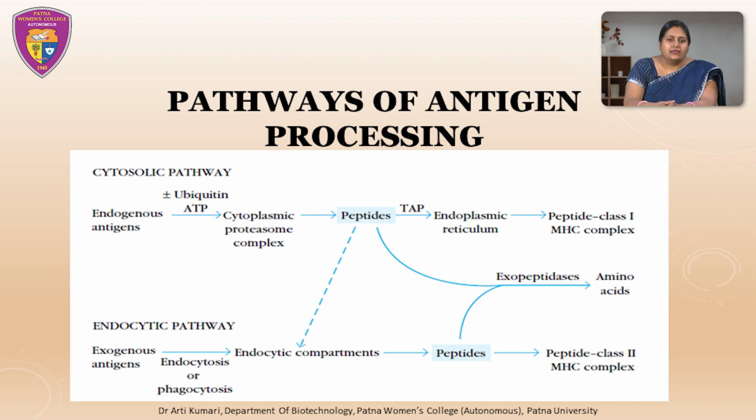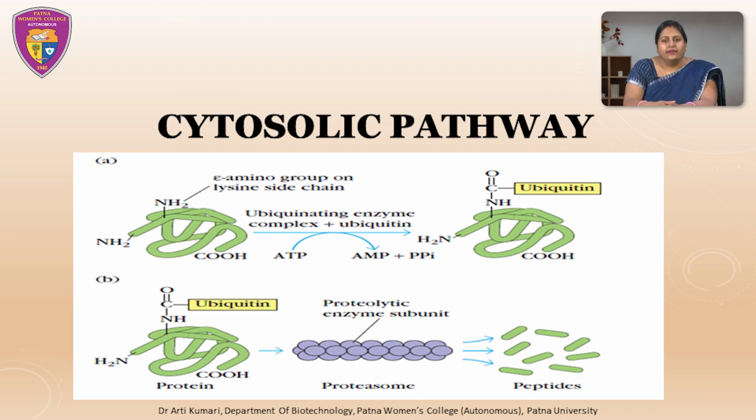Now let us understand the mechanism involved in each of these pathways. First of all, we will discuss the cytosolic pathway for endogenous antigens. The proteins to be degraded are often covalently linked to a small protein called ubiquitin.